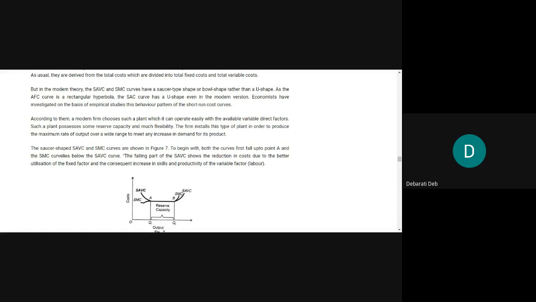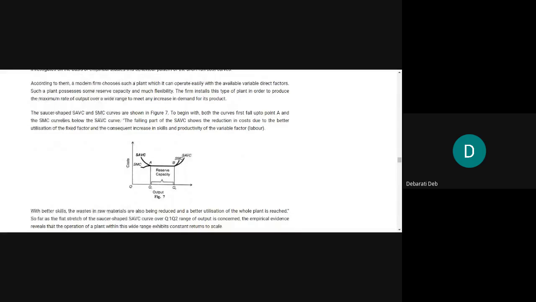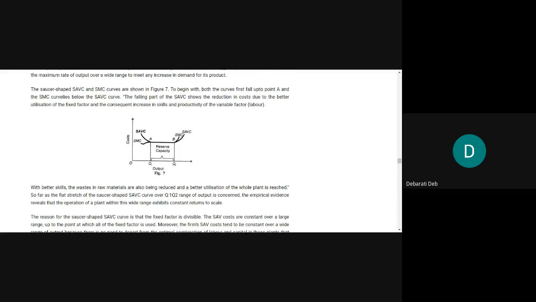The farm chooses the plant so that they can produce a maximum amount of output over a wide range, that means for a very long period of time, in order to meet any increase or fluctuation in the demand for its product. Okay, so that smart behavior of the farm has been identified by the modern economists.